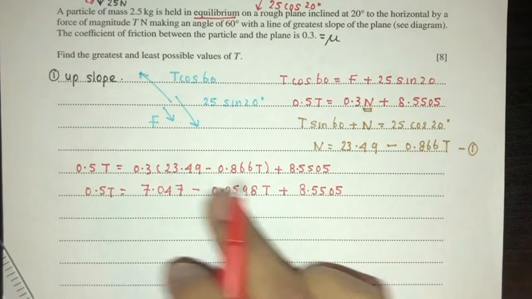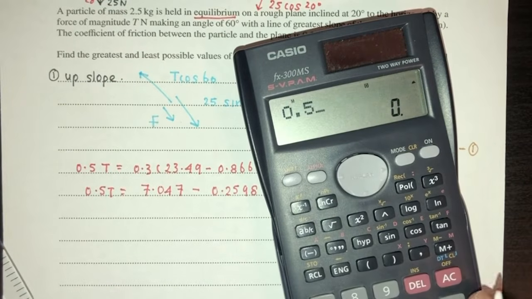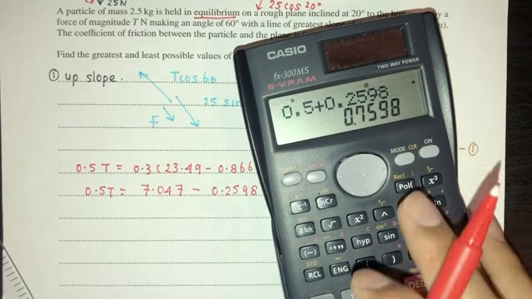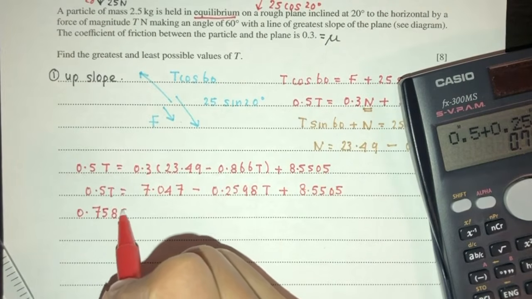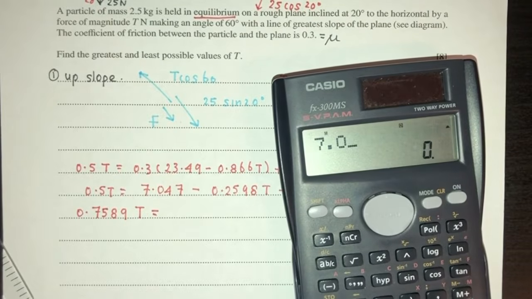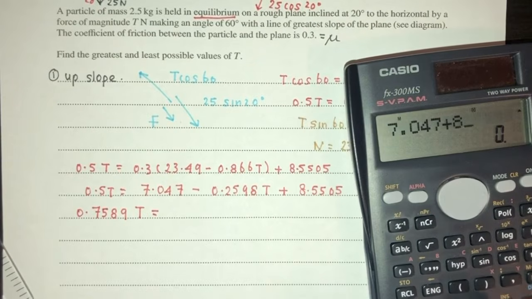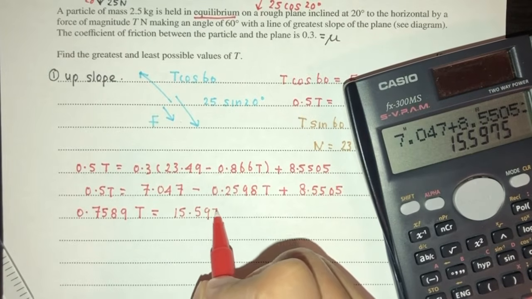So send T to one side, you will have 0.5 plus 0.2598, that will be 0.7598T, is equal to 7.047 plus 8.5505. That will be 15.5975.